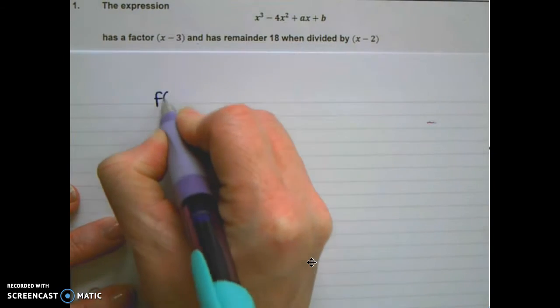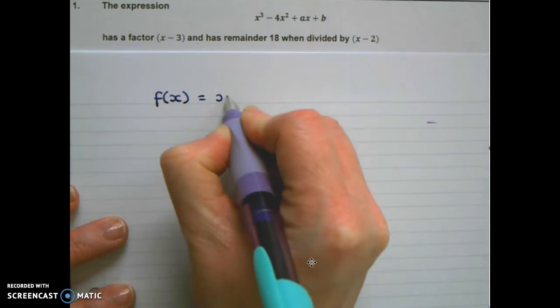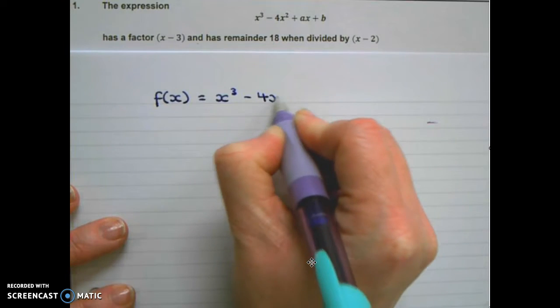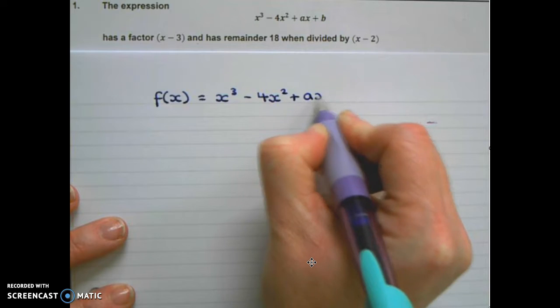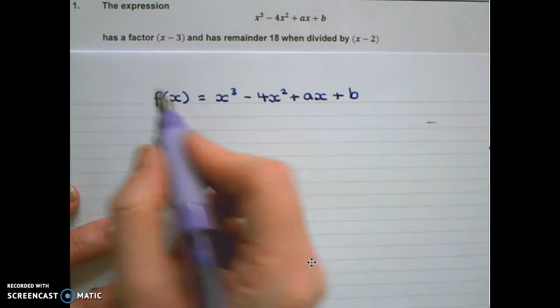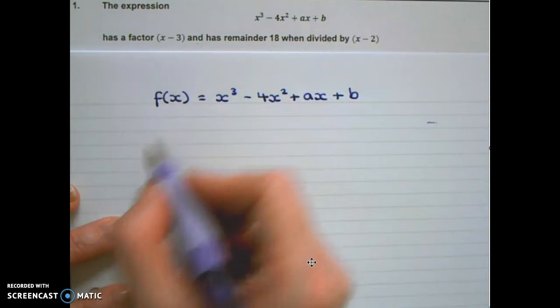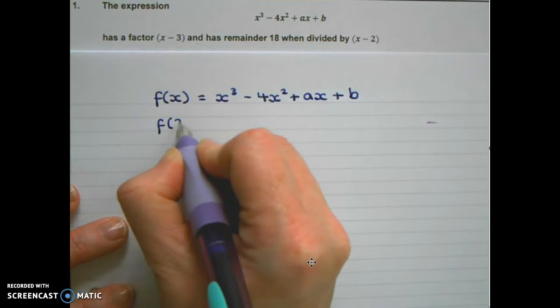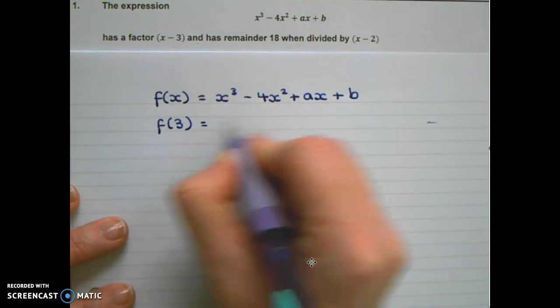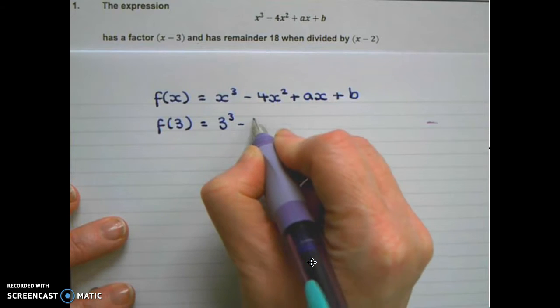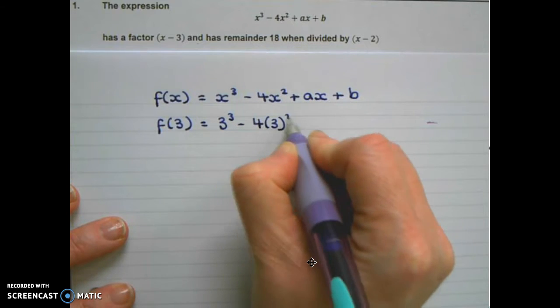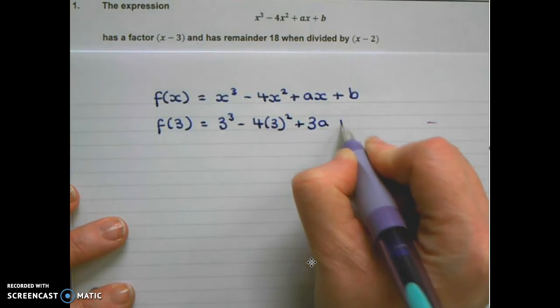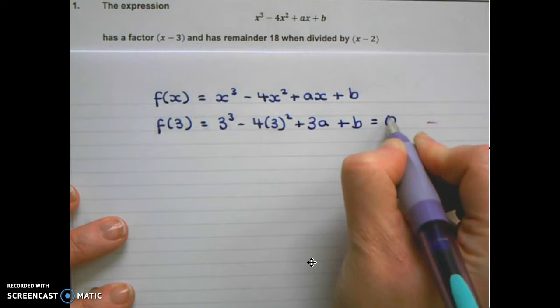if f of x is equal to x cubed minus 4x squared plus ax plus b, and x minus 3 is a factor, that tells us that f of 3 has to equal 0. So 3 cubed minus 4 times 3 squared plus 3a plus b equals 0.